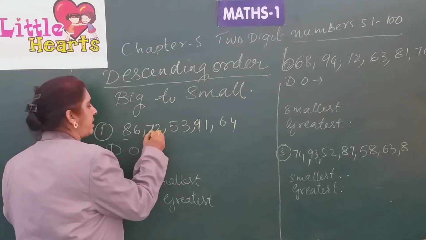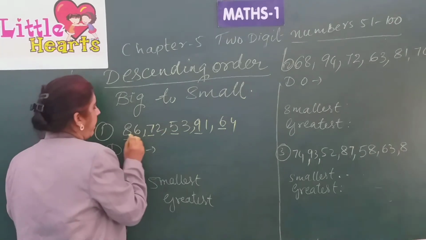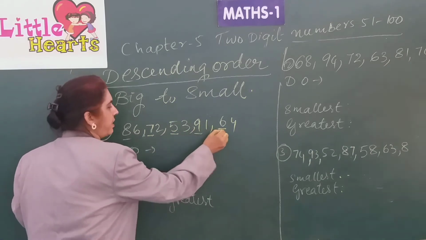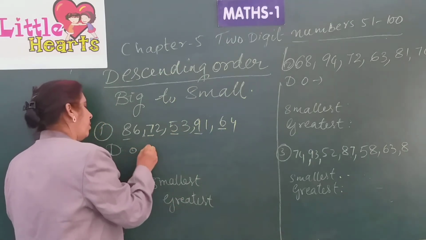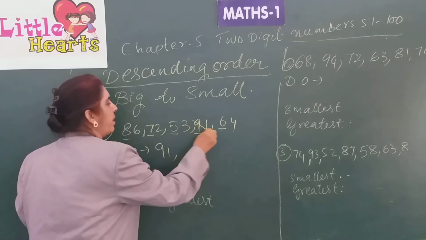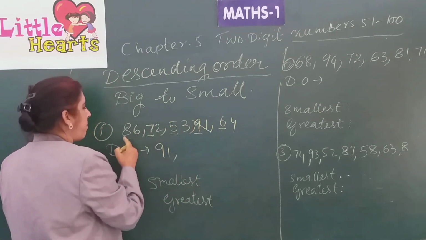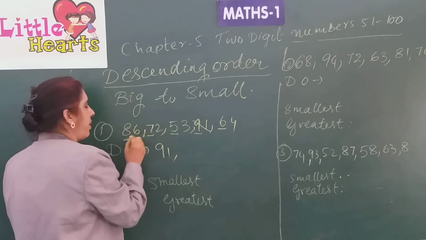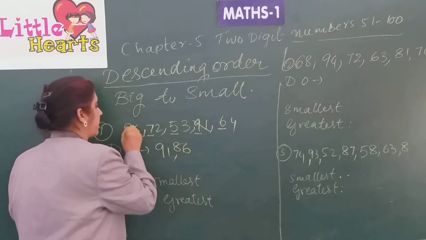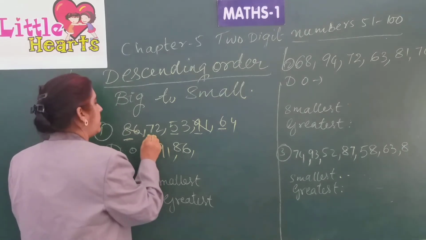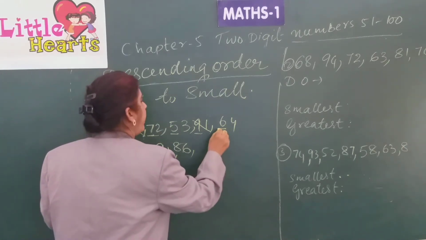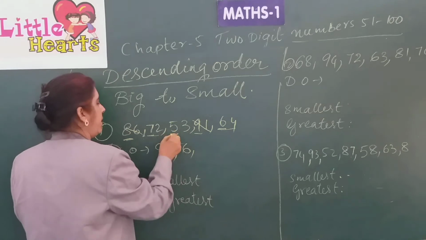Underline the tens place digits in these. 8, 7, 5, 9, 6. Which is big? 9 is big. So 91 comes first. Next biggest number is 8 in the tens place, that is 86. Next 72 and 64, 53.